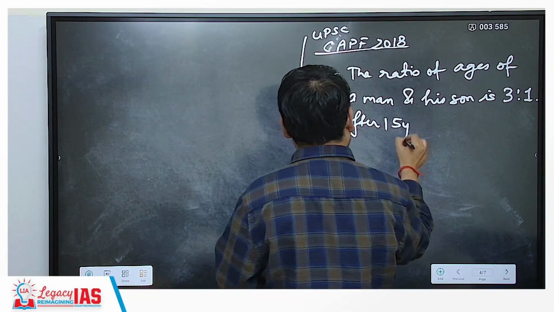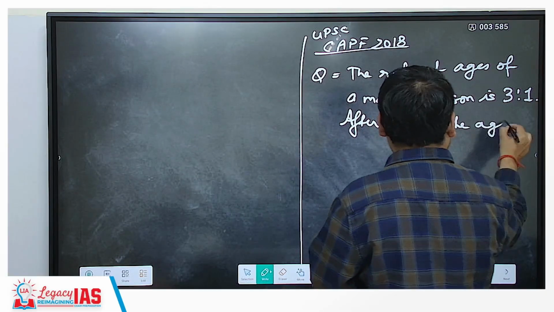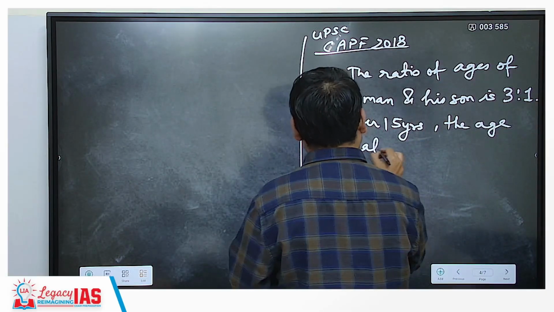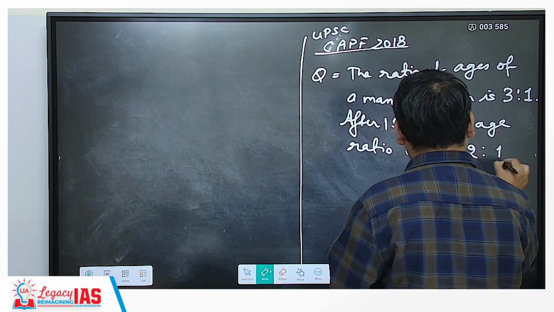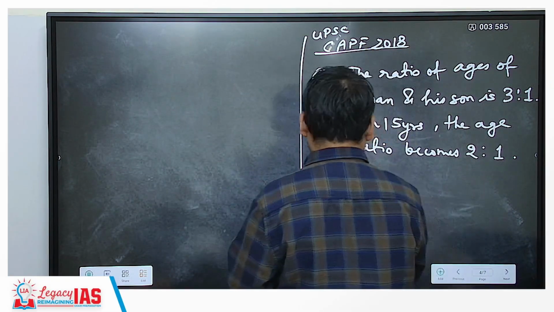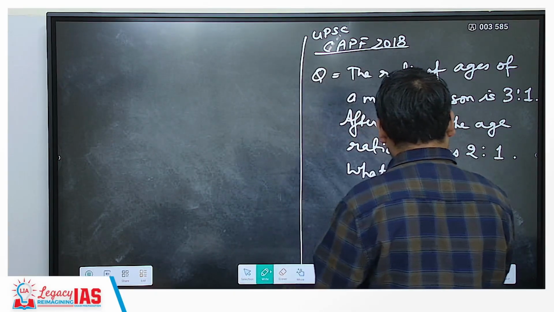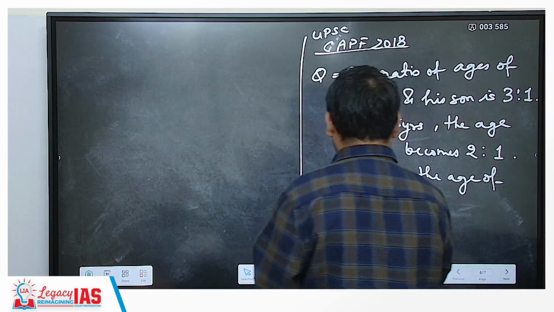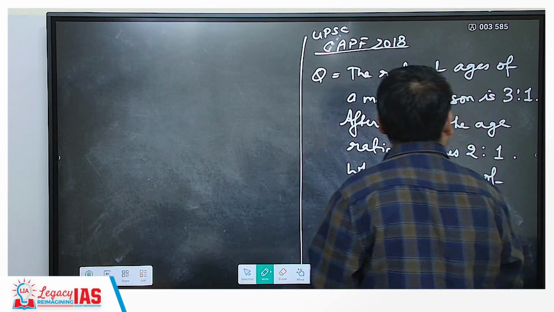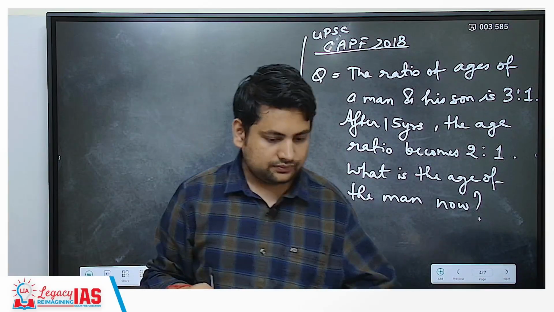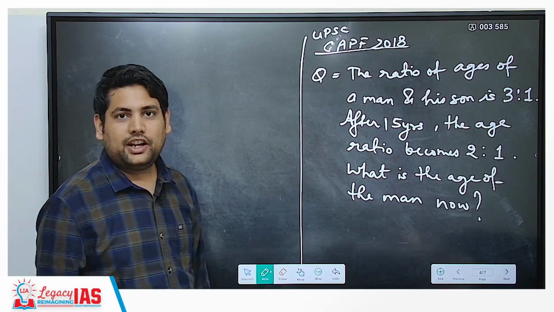After 15 years, the age ratio becomes 2:1. What is the age of the man now? Okay, now this is the question from CAPF. You can pause and try.